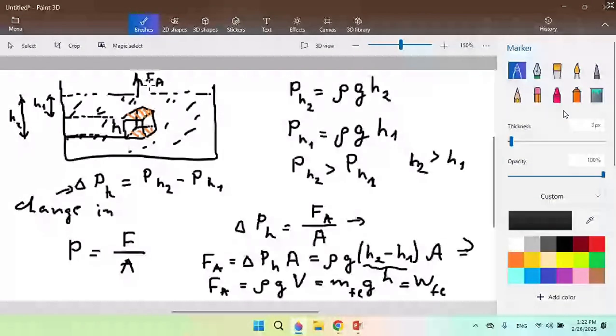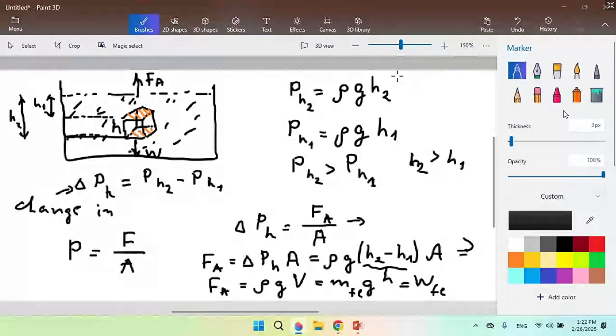So we've got a weight of what? Of the cube, and Archimedes force directed in the opposite direction. And what would be the behavior of the cube depends on the magnitude of those two forces.